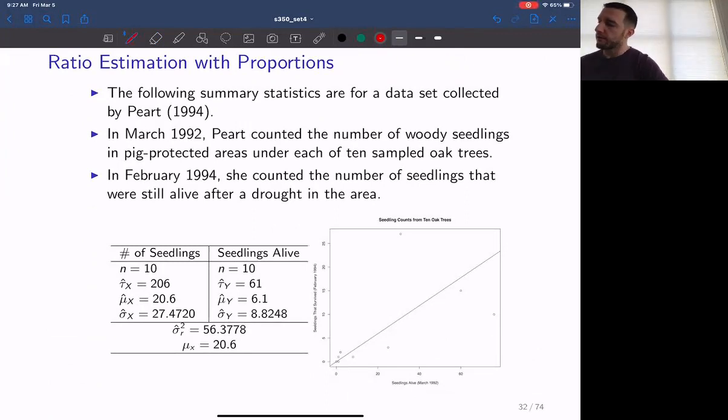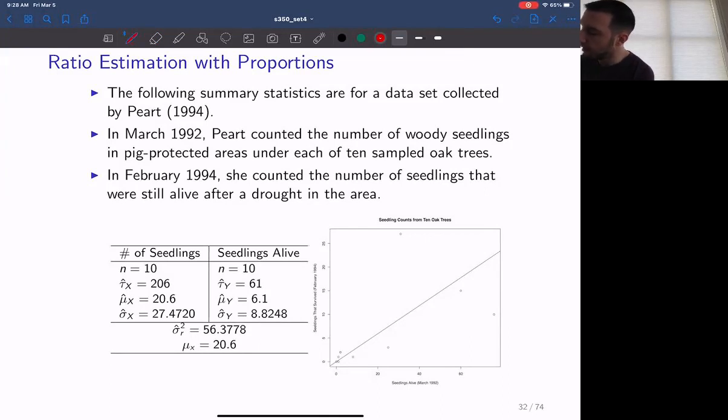So this data set was collected in 1994. The data here resulted from the researcher, Peart, counting the number of woody seedlings in pig projected areas under each of 10 sampled oak trees. Okay, so we have a sample size of 10. So you can see that we have 10 observations on the scatter plot here.